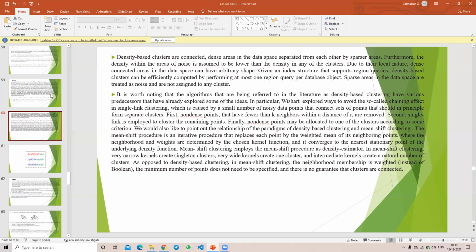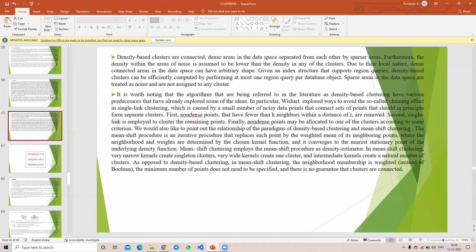Given an index structure that supports region queries, density-based clusters can be efficiently computed by performing at most one region query per database object. Sparse areas in the data space are treated as noise and are not assigned to any clusters.